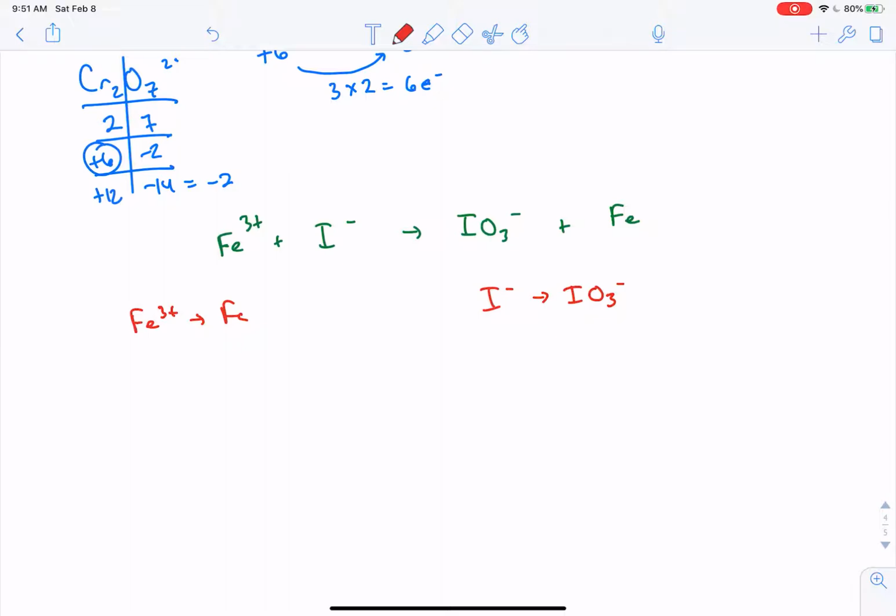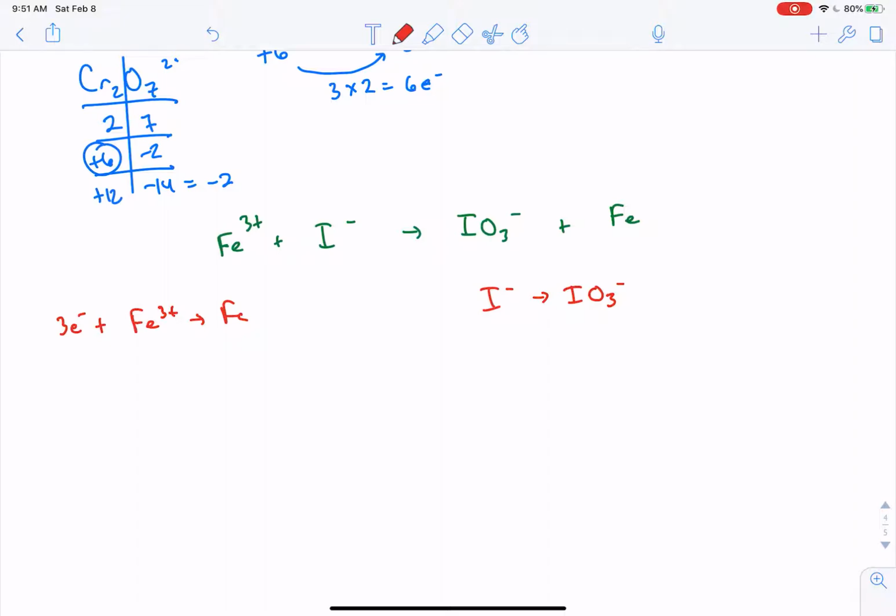Okay, so then we have to balance them each separately. Well, Fe3 plus to Fe. Well, the Fe's are balanced. No O's, no H's. Just add the electrons. So here we add 3 electrons. Okay.